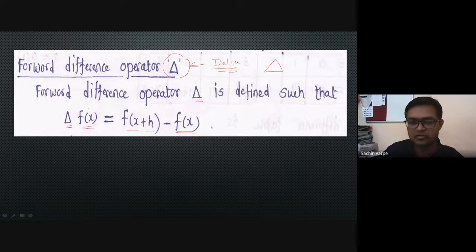So this is the definition of the forward operator. When I operate delta onto f of x, delta f of x is f of x plus h minus f of x. That's it. Forward difference.